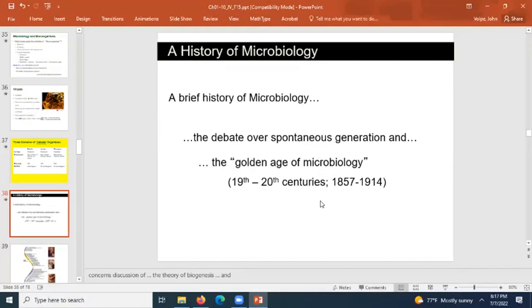We'll also talk about the golden age of microbiology. That's the early microbiology, where whenever microbiologists discovered something, it was something new. And that, you don't need to know the year, largely happened from 1857 to 1914, known as the golden age of microbiology.